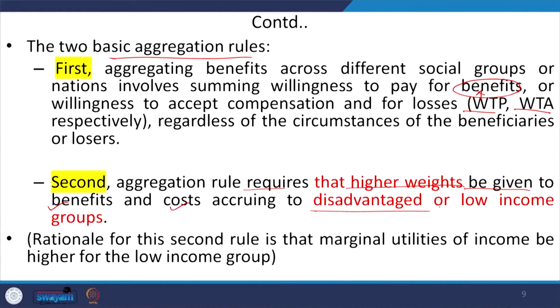So, what is the rationale for giving higher weights to the preferences of the low income groups or less privileged groups? The rationale is that we know the marginal utility of income will be higher for the low income group in comparison to the marginal utility of income for the higher income group.